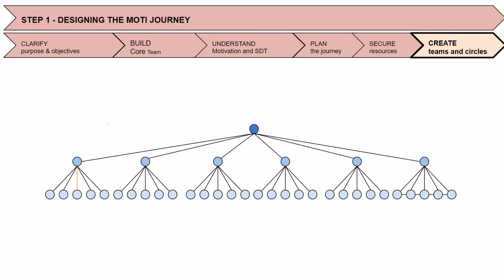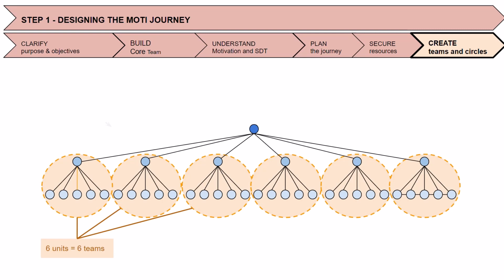So the obvious thing to do here is to decide that every unit, so say these units here, correspond to one team. So you have 6 units, 6 teams. In each team, you have just the right number of people to do a Moti survey.